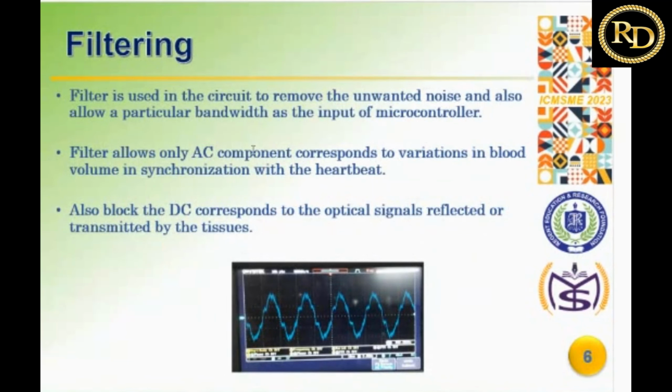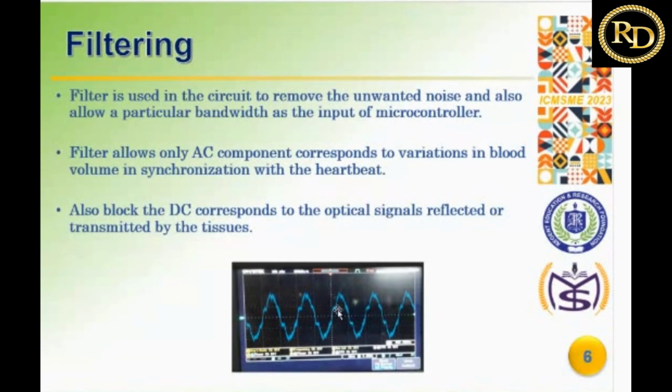As mentioned earlier, in the PPG signal, the DC component arises as the optical information of the tissue, venous blood, and non-pulsating blood. So we need filtering to cancel out this DC part. And we also use this filtering to remove the unnecessary noise and allow only the desirable bandwidth to our sensor.